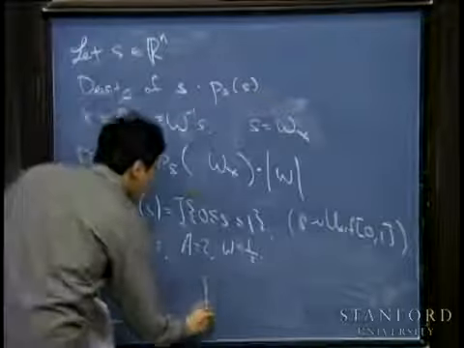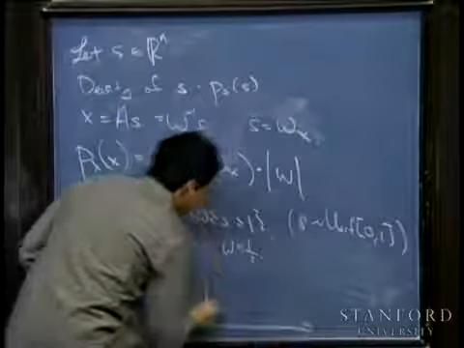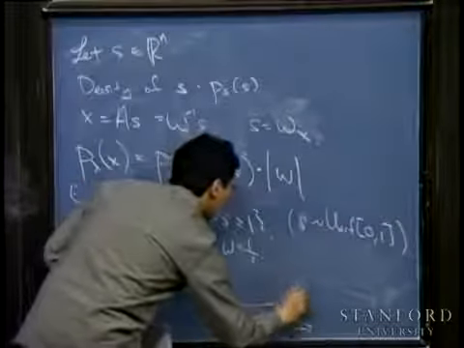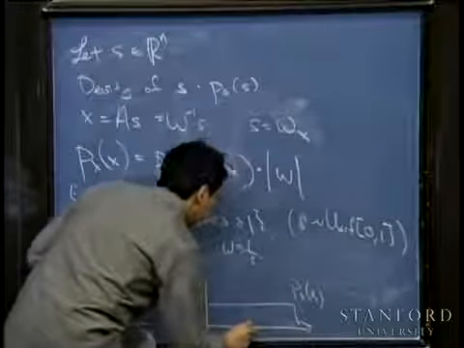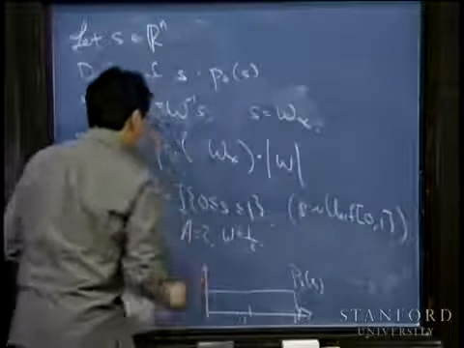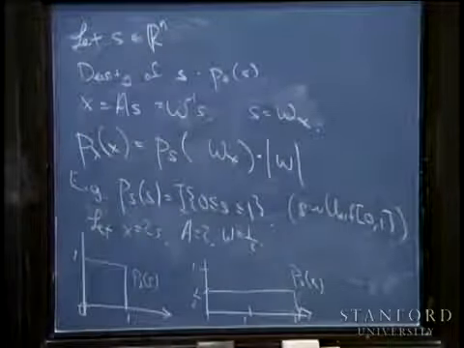And so the density for X will be that: that's 1, that's 2, and that's 1/2, and that's 1. Okay?